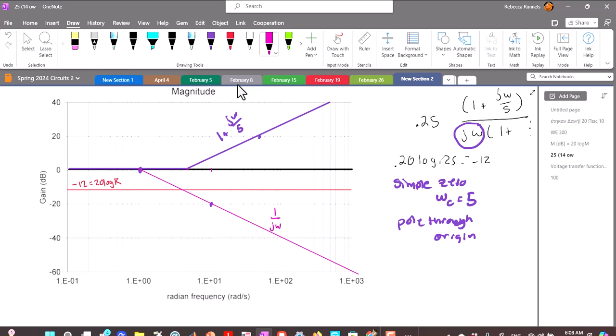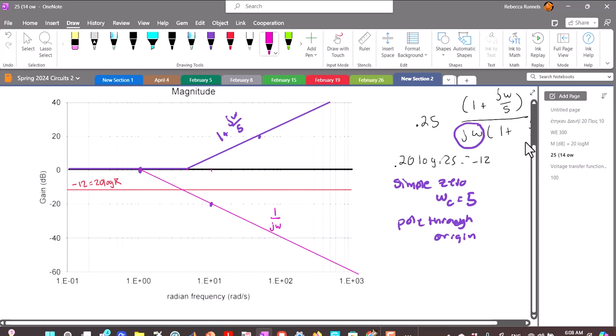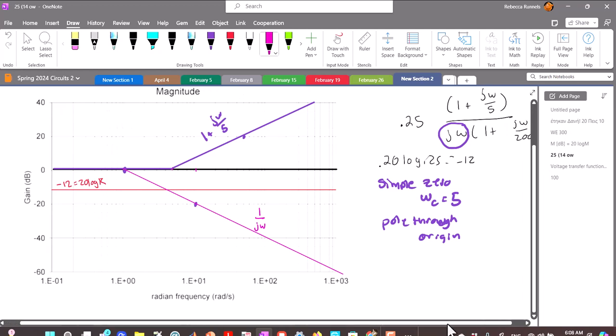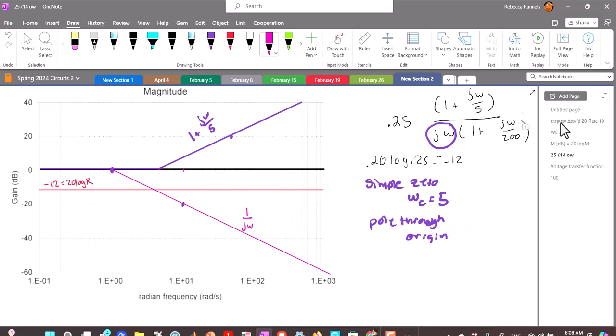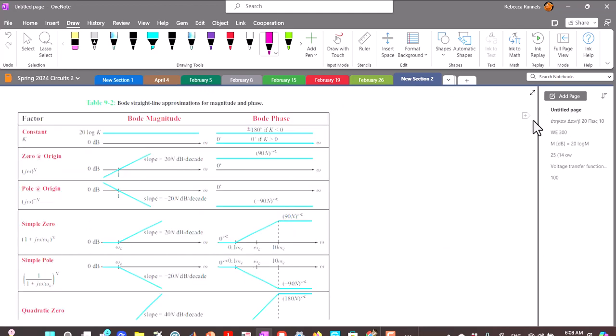So that's 1 over j omega. And we'll do that in a minute, okay? And then we also have a simple pole, and a simple pole starts at omega c and has a slope of minus 20 decibels per decade.